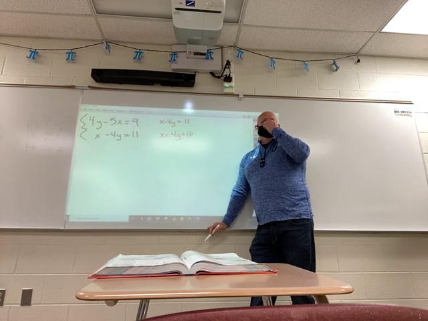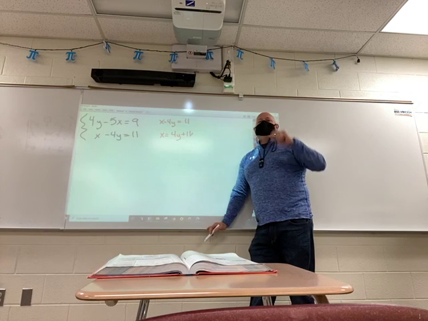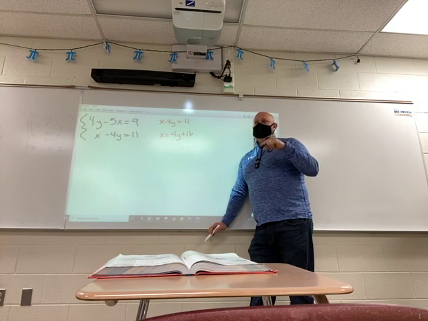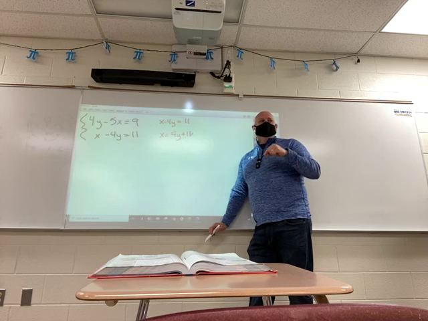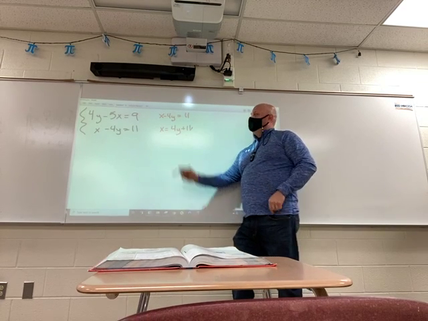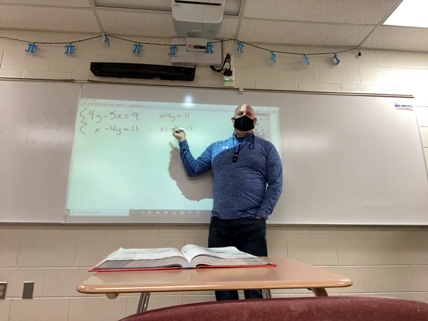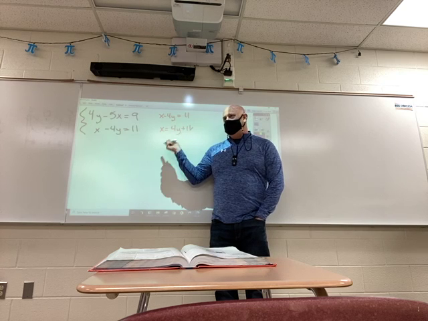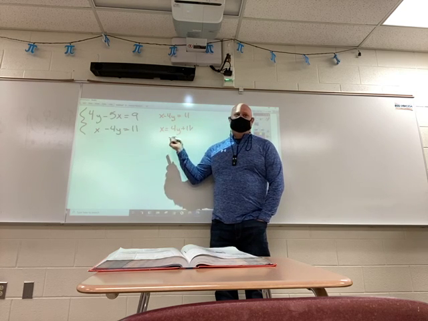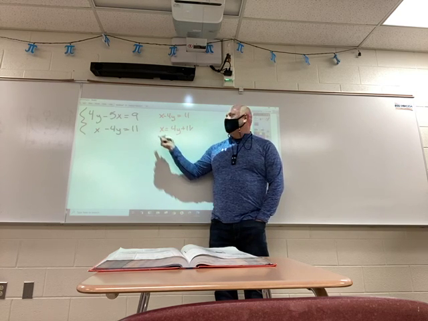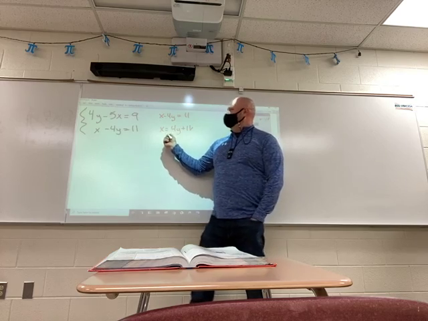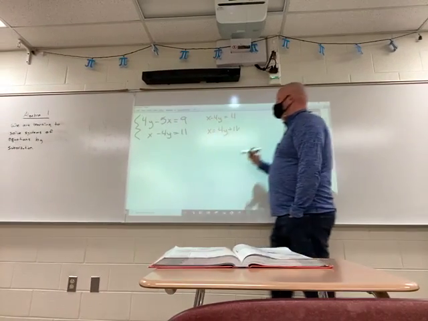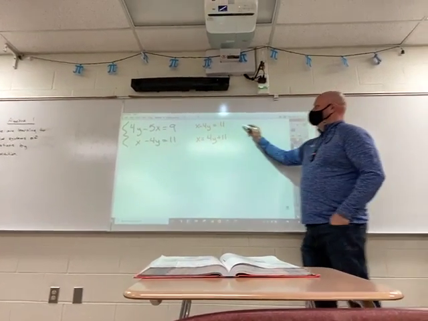This to me is the most telling part of when I should use the substitution method. If you can get one equation by itself really easily, then this is a really, really good method. Because now all I have to do is rewrite the other equation.